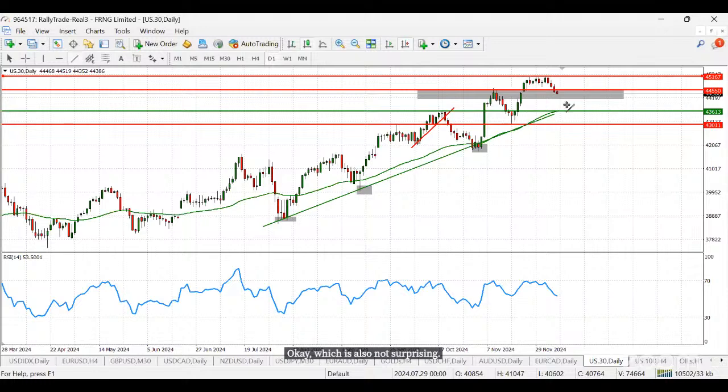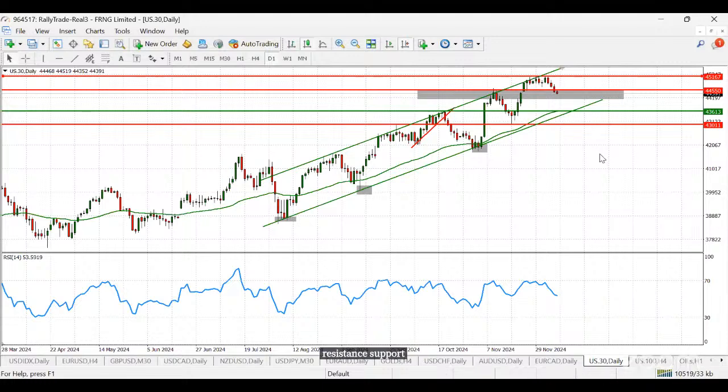So I connected this trend line here, and then from that same trend line, I got the channel right there. And then you could see how the lower trend line has acted as support multiple times.